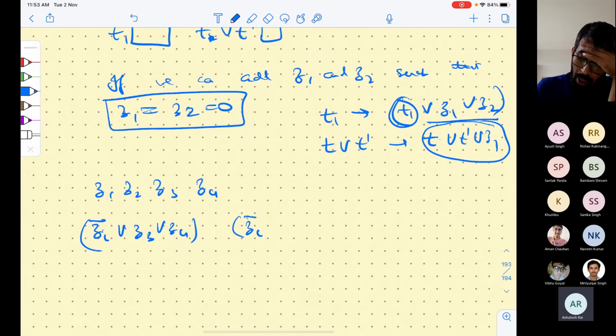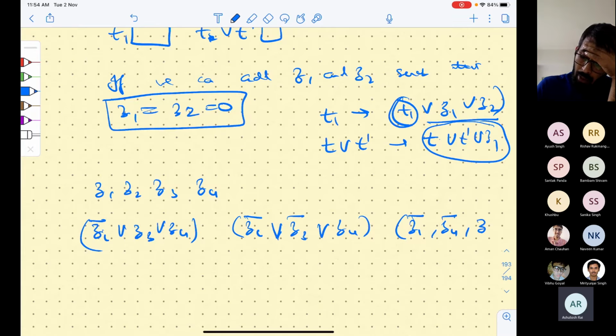So Zi bar, Z3 bar, Z4; Zi bar, Z4 bar, Z3, or let's say Z3, Z4 bar; and Zi, Z3 bar, Z4 bar.